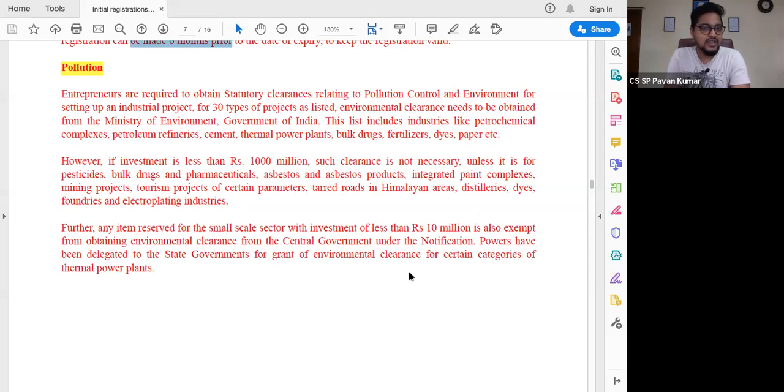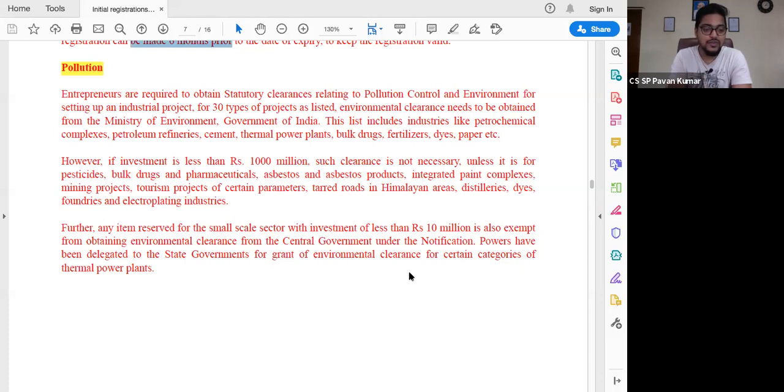So enterprises are required to obtain statutory clearances relating to pollution and environment control for setting up industrial projects for 30 different types of projects, which are normally treated as more hazardous to the environment. What types of industries are covered?